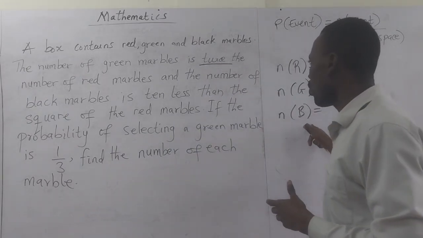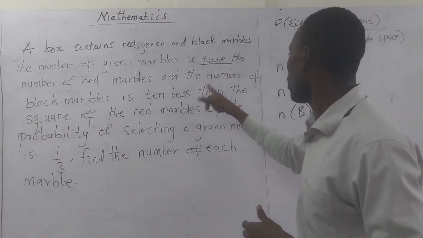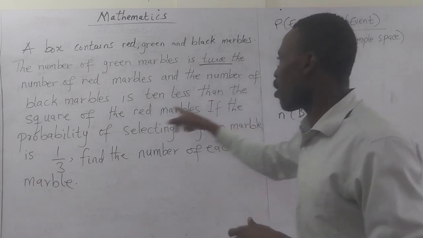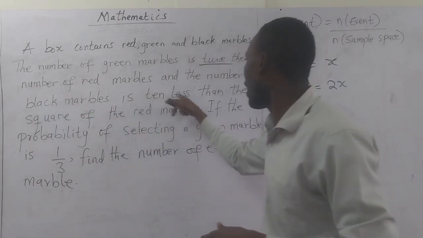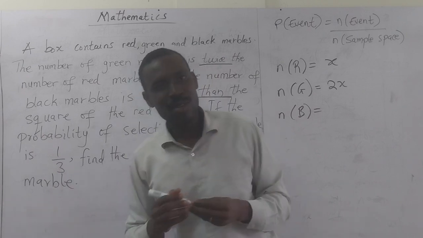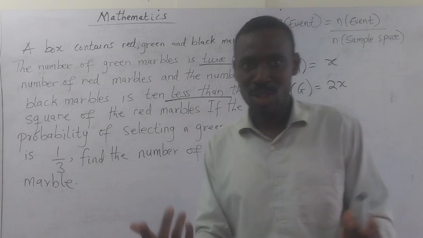Now let's go for the black. We are told that the number of black marbles is 10 less. So this less than reminds me of word expression for the basic operation.